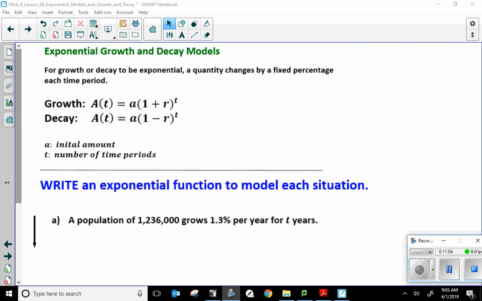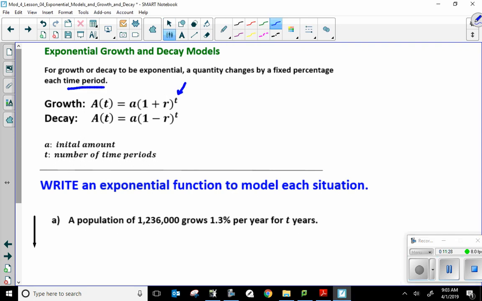All right, let's take a look at some modeling using exponential growth and decay. For growth or decay to be exponential, a quantity changes by a fixed percentage each time period. What they're saying is, in order to use a fixed percentage, there needs to be a time period applied to it, and t is the number of time periods that you have.